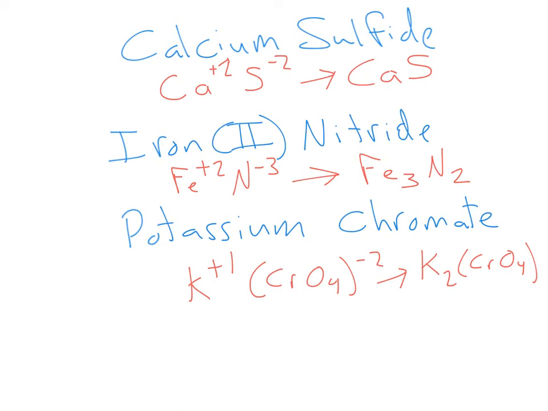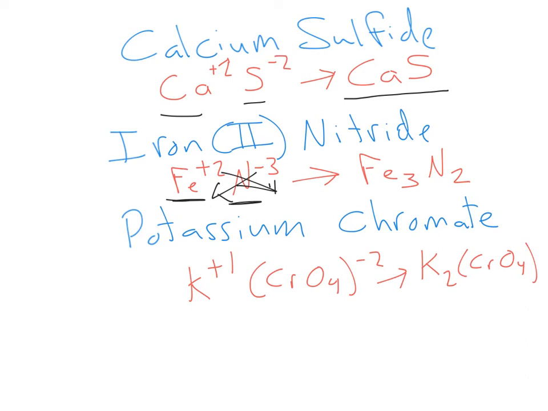Calcium has a +2 charge and sulfide has a -2 charge. So when I swap and drop, I'll have 2 on each side, which I can reduce to 1, giving me a final answer of CaS. Iron here has a +2 charge and nitride always has a -3 charge. So when I swap and drop these, I'm going to get Fe3N2.